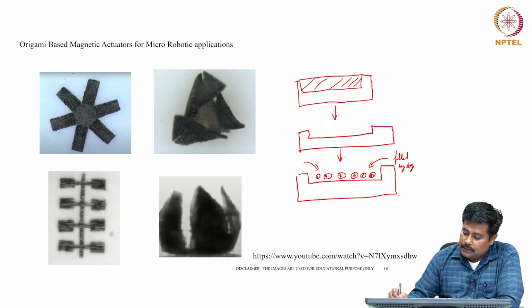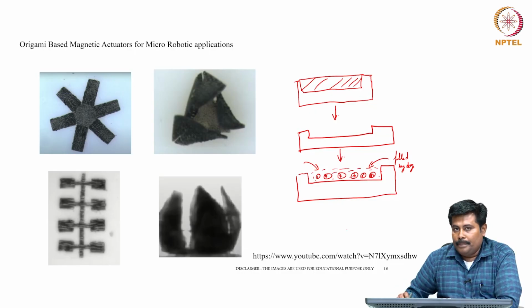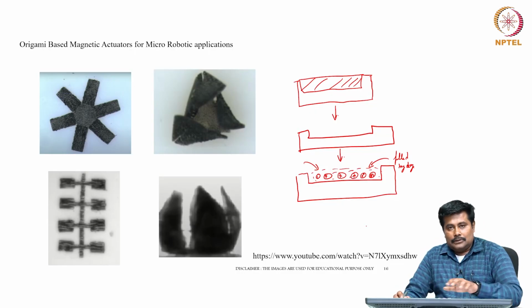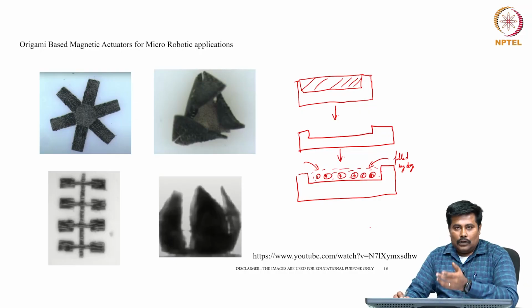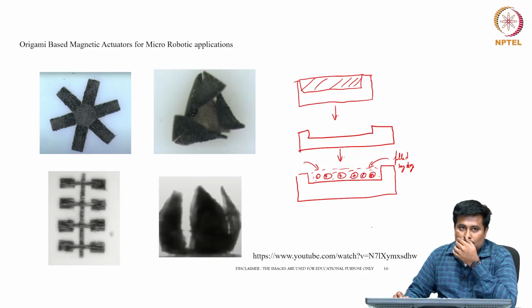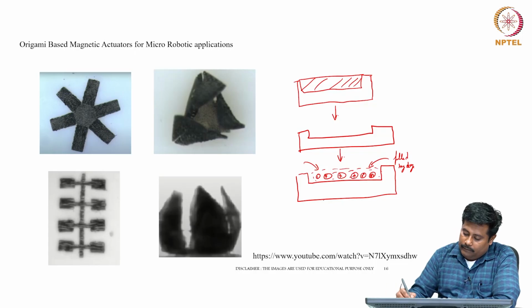So, what happens? There will be a kind of a layer of a hydrogel which will be filled over here. Now, based on the type of the shape or based on the type of the geometry what we are looking for, appropriately a curing will be done.